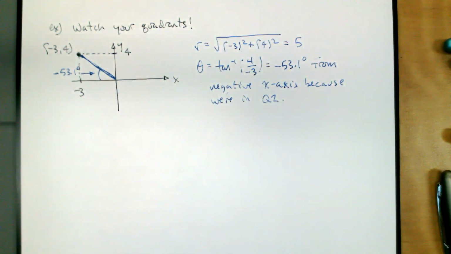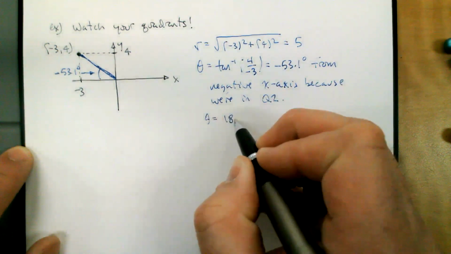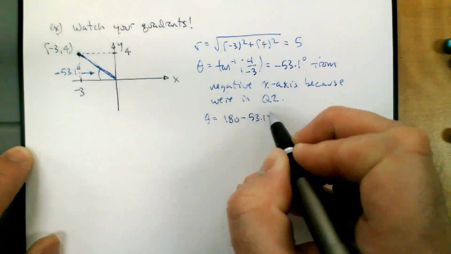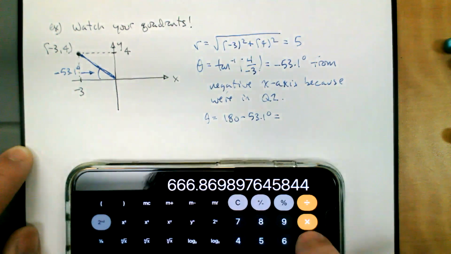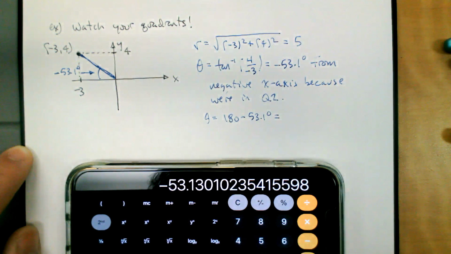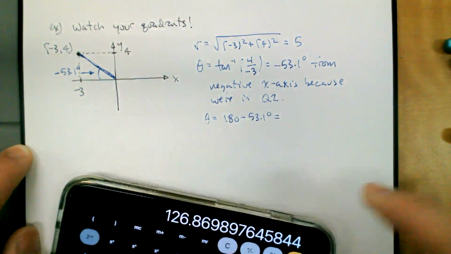So we got to figure out where that is. It's 53.1 degrees before 180. So the theta that we can use is 180 minus 53.1 degrees, or 126.9.